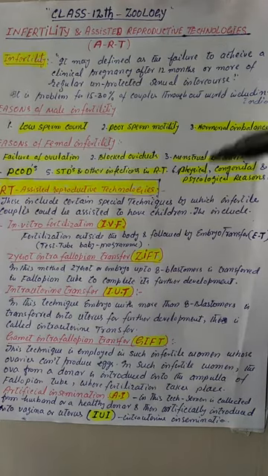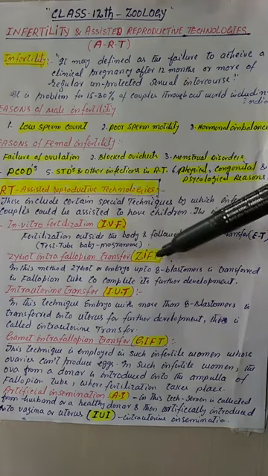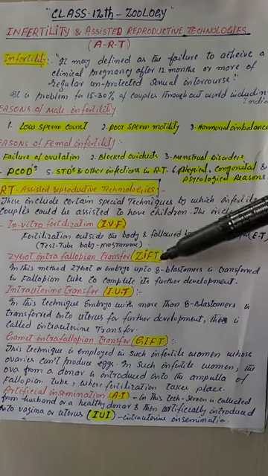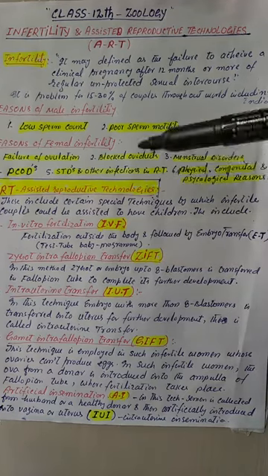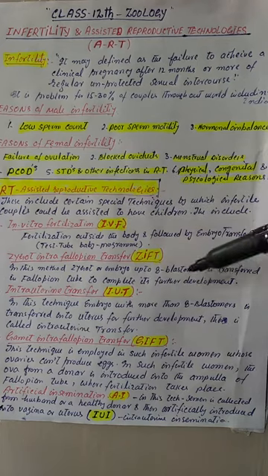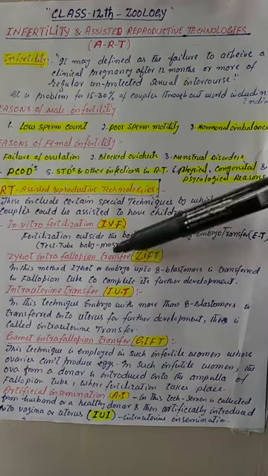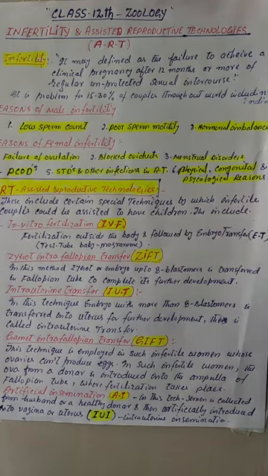This procedure is called zygote intrafallopian transfer, abbreviated as ZIFT. Here the zygote or embryo with up to 8 blastomeres is transferred into the fallopian tube to complete its further development.